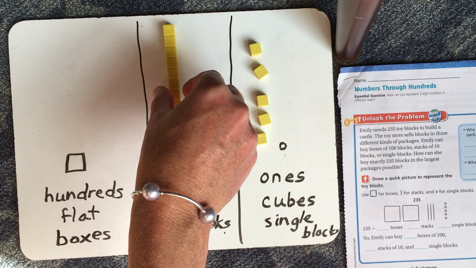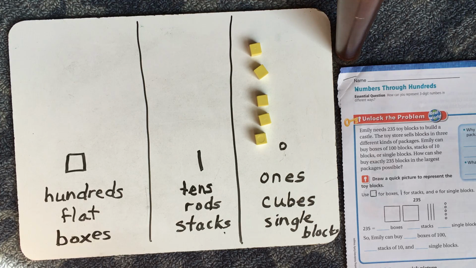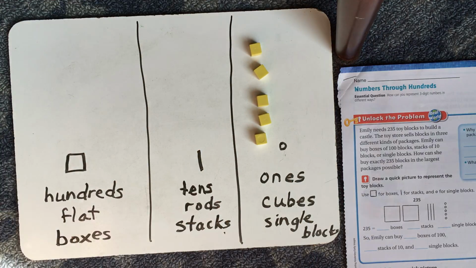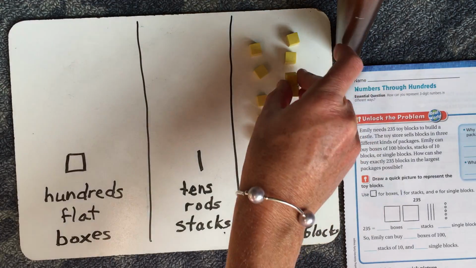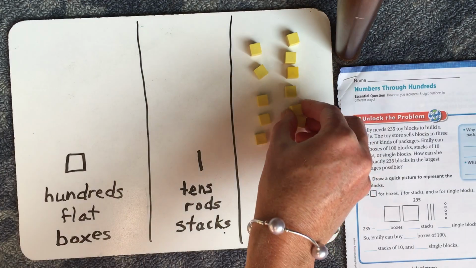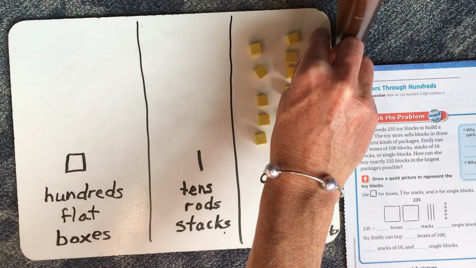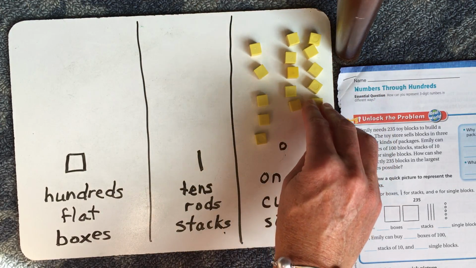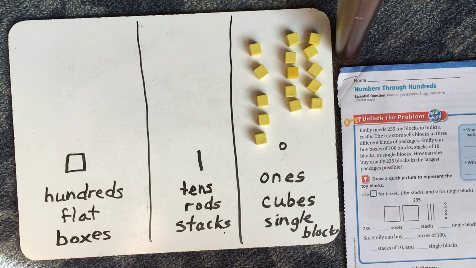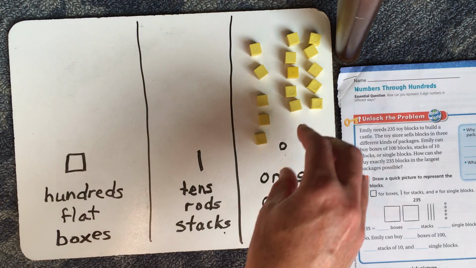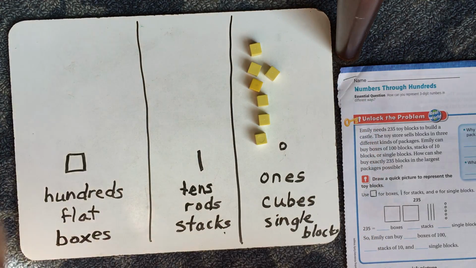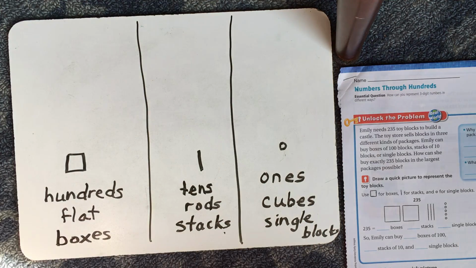I could take the stack away, and if I take one stack away, how many single cubes do I need to add? To add 10 single cubes. Okay, so I still have 15, it just looks different, and that's what we're going to practice with today. We're going to practice making those trades that make the numbers look different. We can build them differently, but they're still exactly the same number.